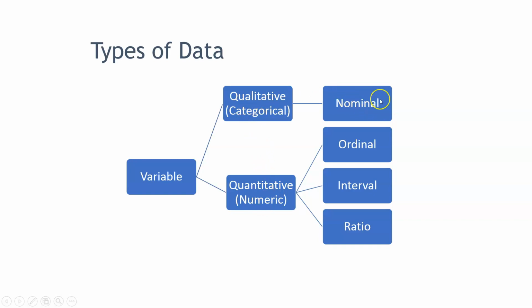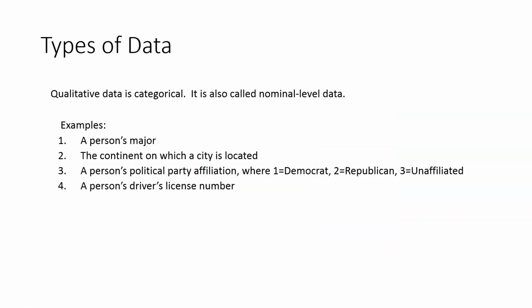Qualitative data is also called nominal. So nominal level data is synonymous with qualitative or categorical. Quantitative, though, can be broken down further into ordinal, interval, and ratio. So let's talk about each one of those.